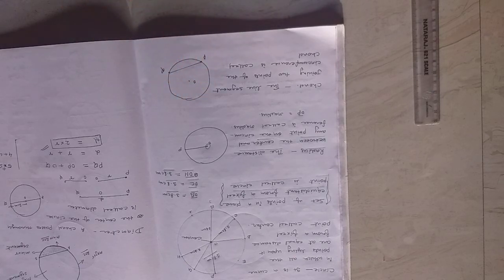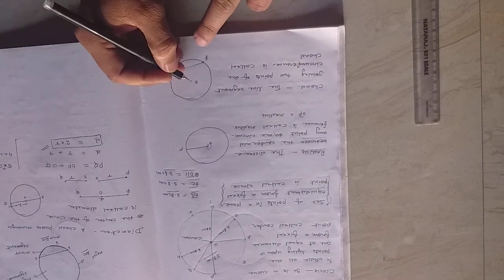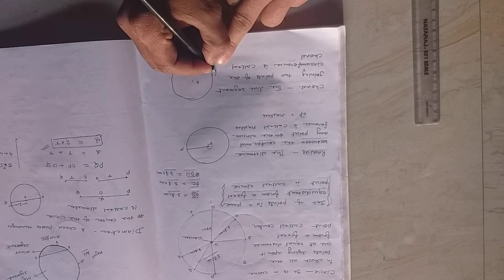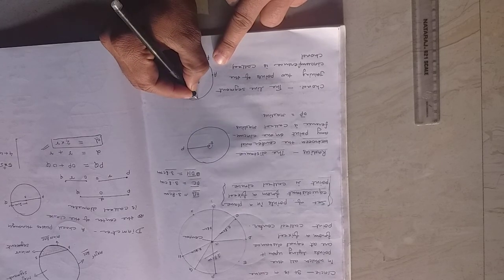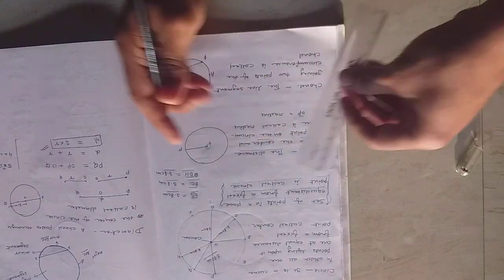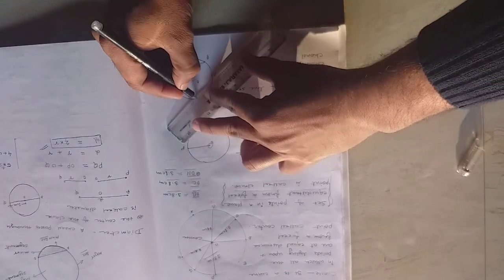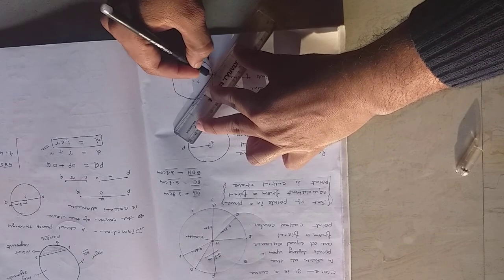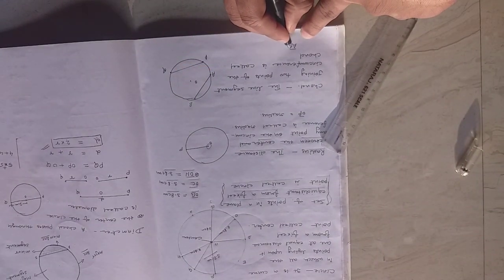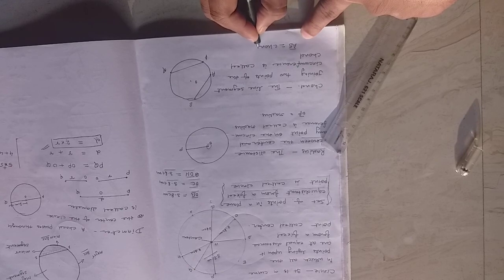We can draw many chords for a given circle. For example, I have chosen one point here, say A, and another point, say B. If you join these 2 points, this line segment AB is also a chord.